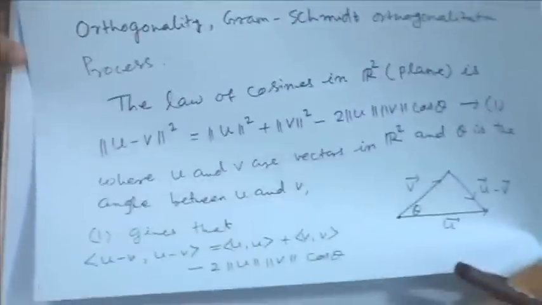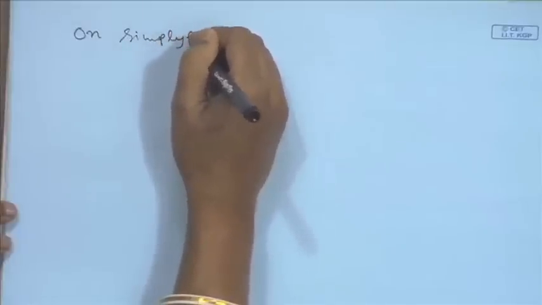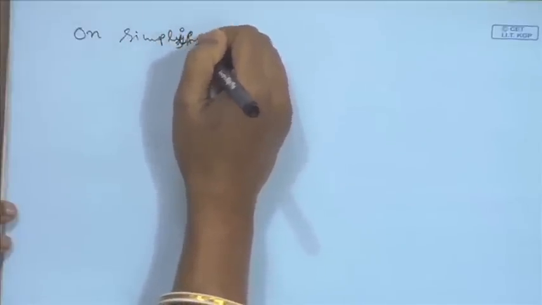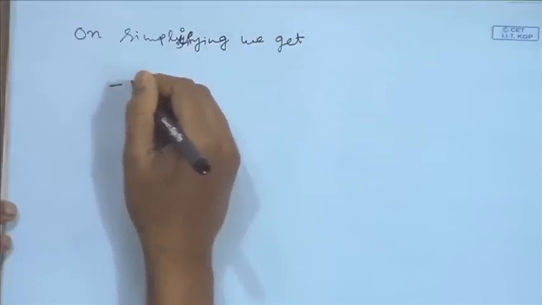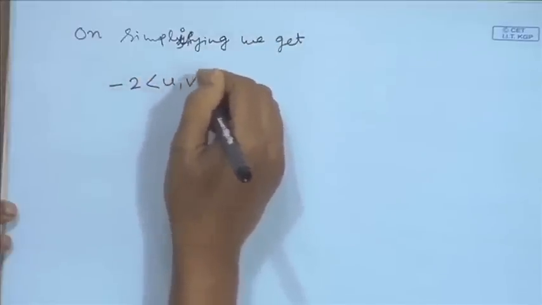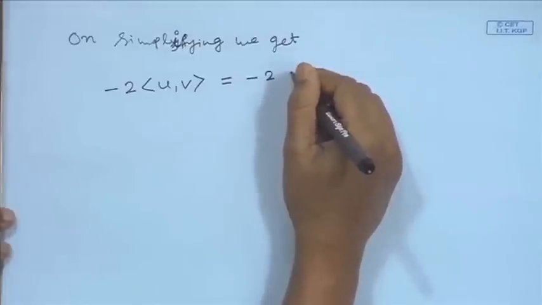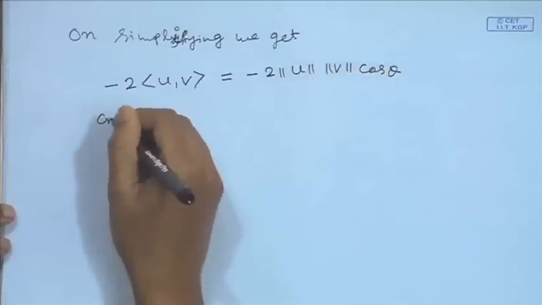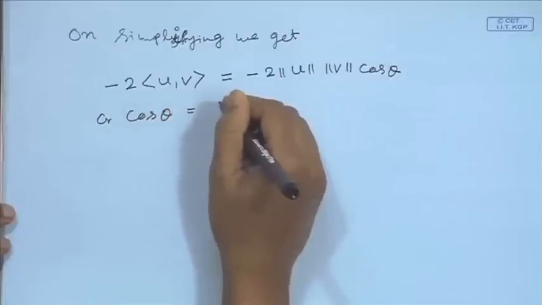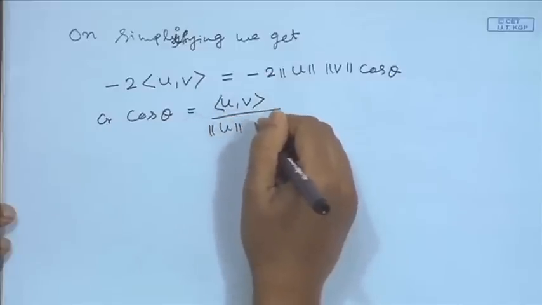On simplifying this, we get minus 2 times the inner product of u and v is equal to minus 2 times norm of u norm of v cos theta, or cos theta is equal to the inner product of u and v divided by norm of u times norm of v.